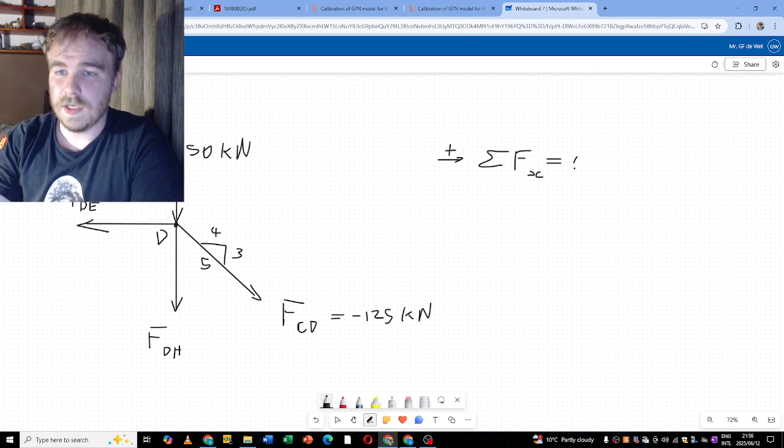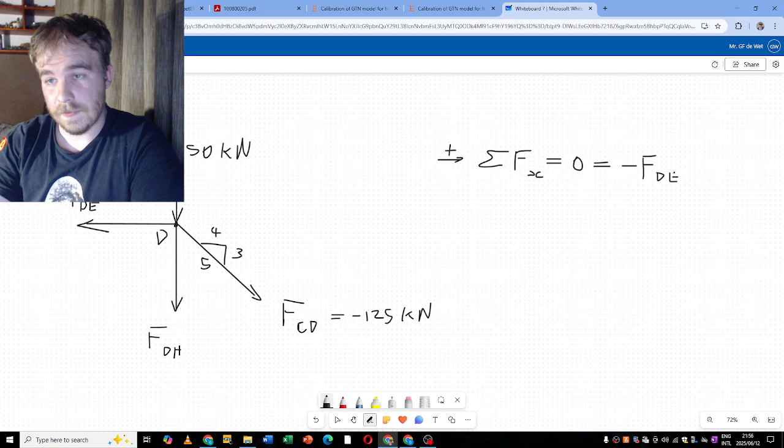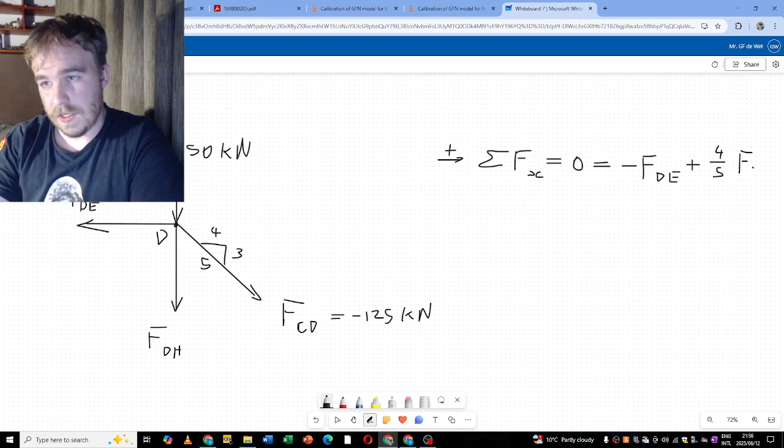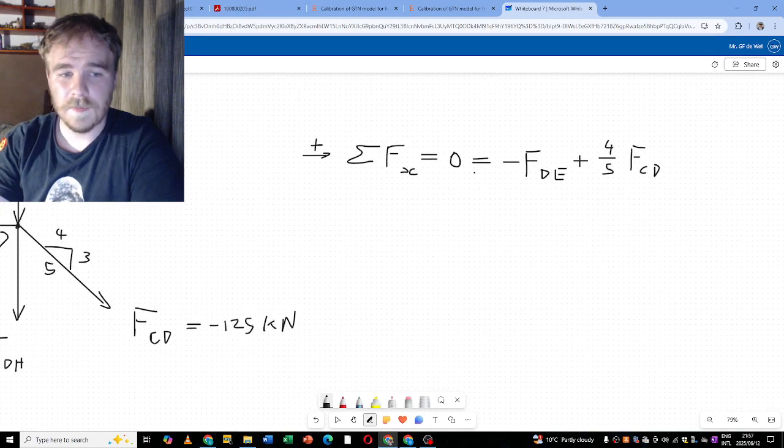Sum of forces in x positive, and it's equal to 0, which is equal to negative FDE plus 4/5 FCD. Great. And I think it's going to be correct.